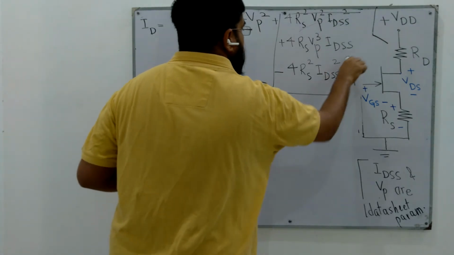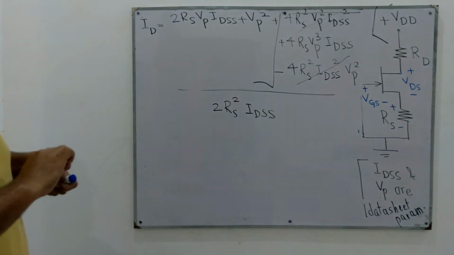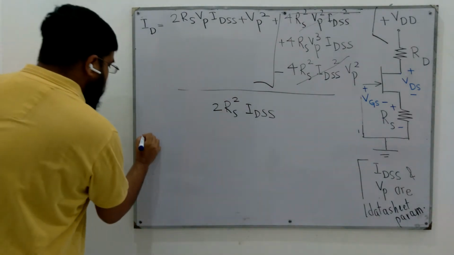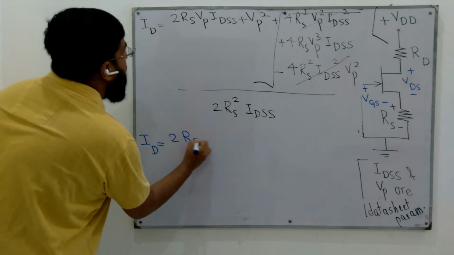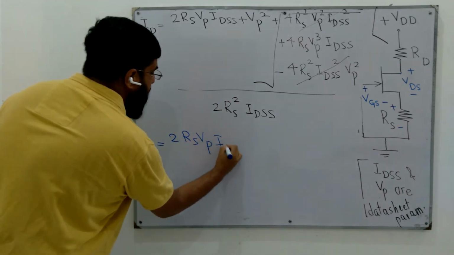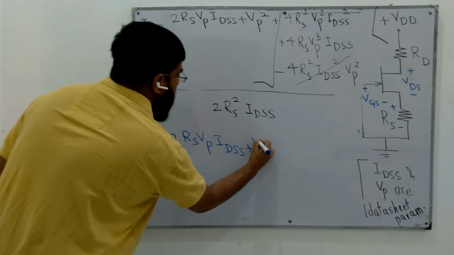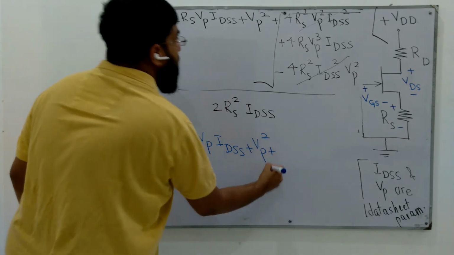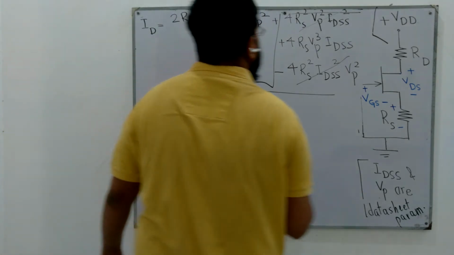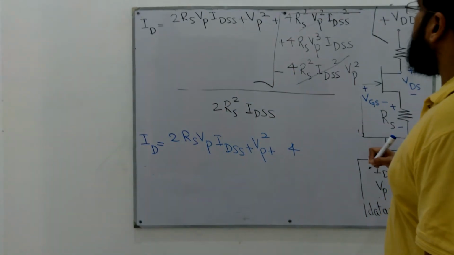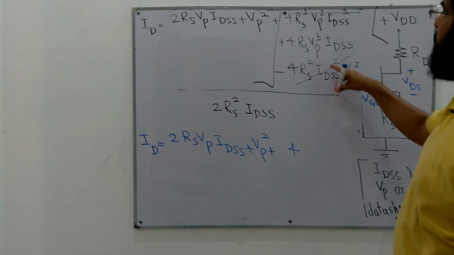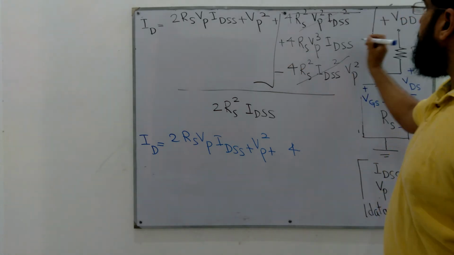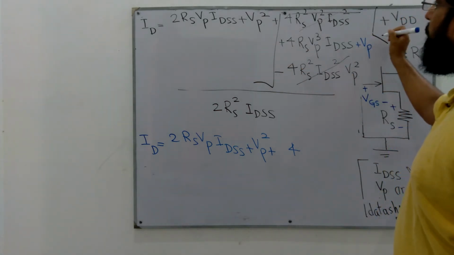So this term cancels with this term, and we are left with ID, which is 2 RS VP over IDSS plus VP squared, plus 4 times this quantity plus VP cubed.